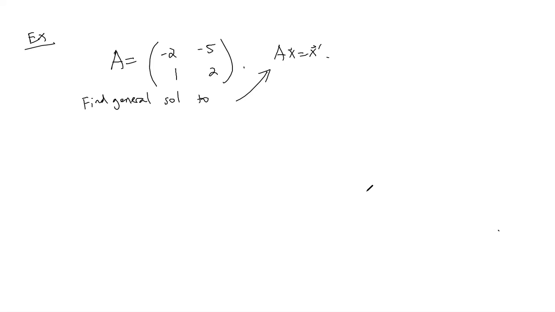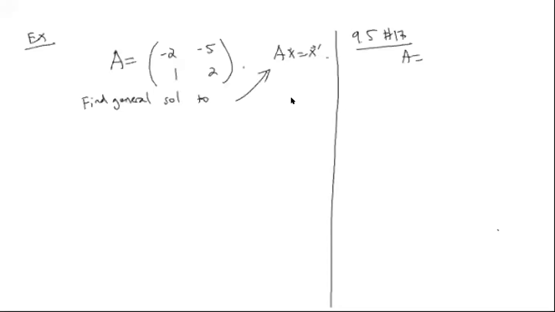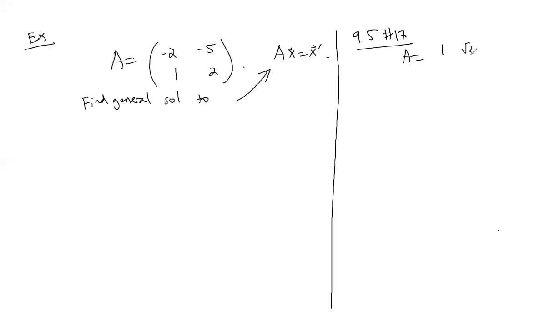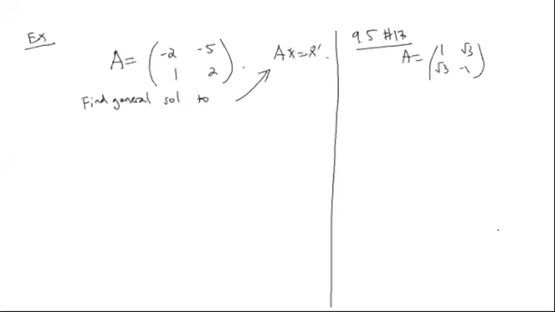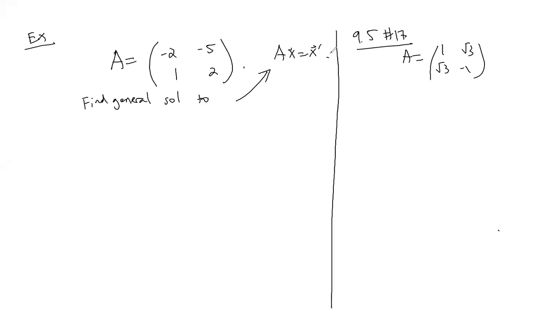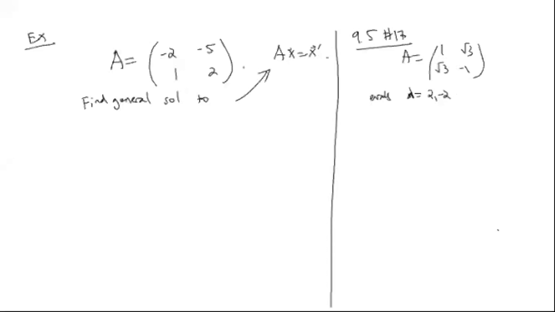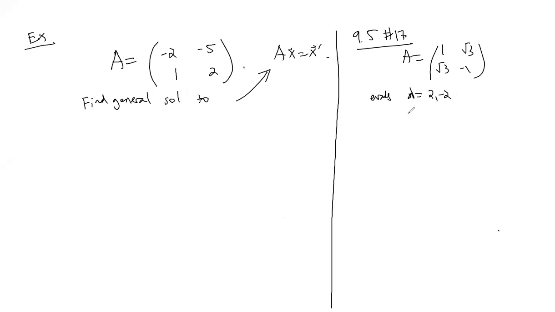So why don't we just do two separate things going on here? Did you get the solution? So this is number 17, 9.5, A equals 1, square root of 3, square root of 3, negative 1. Well, it tells you eigenvalues, and it tells you eigenvectors.